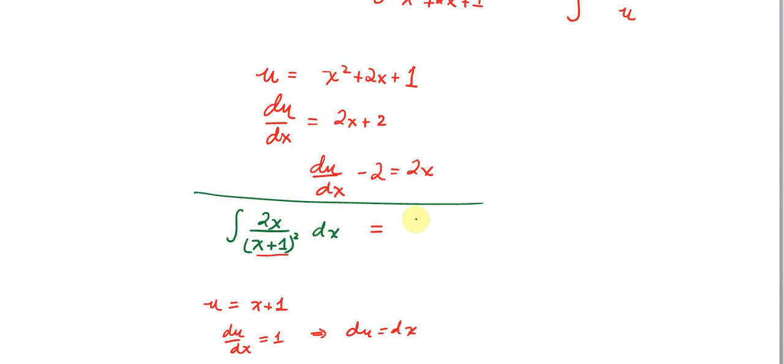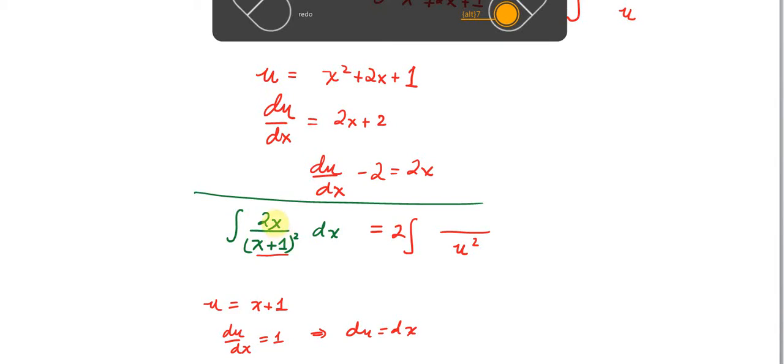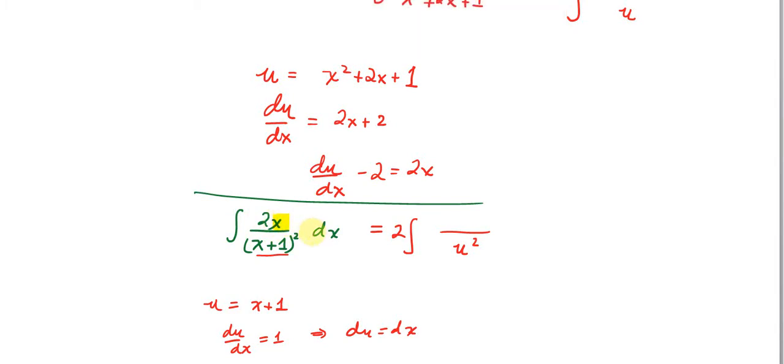So we take this expression. Our denominator now, instead of x plus 1 quantity squared, is just going to be u squared. And then I'm going to take this 2 here and pull it out to the front, since that doesn't change a whole lot. Then I'm going to have left x and dx.